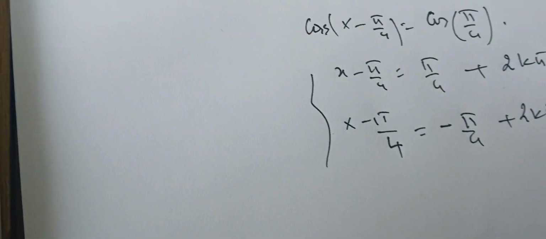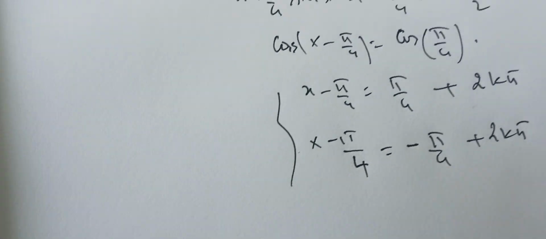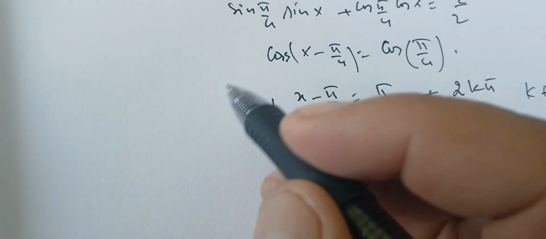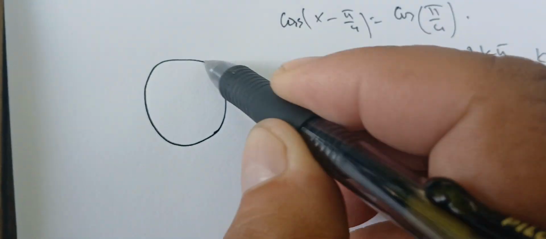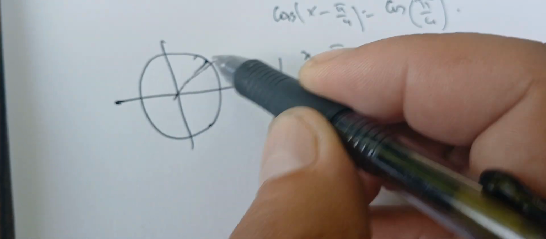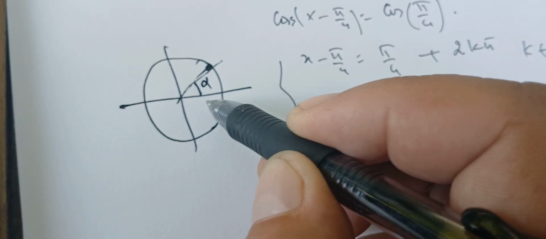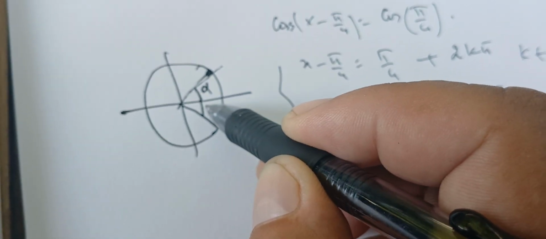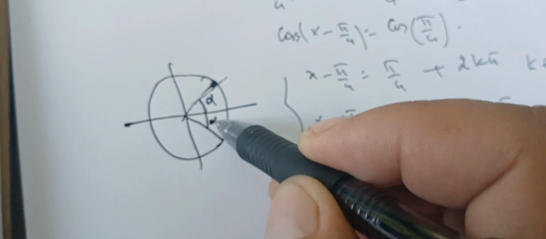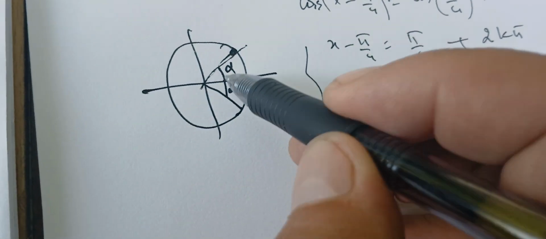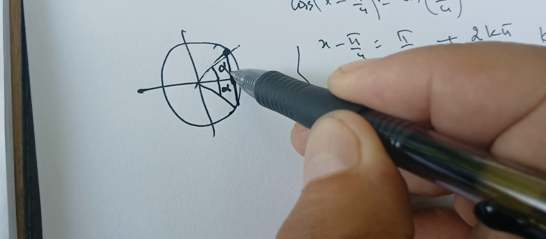I just wrote the general solution, so let me explain it here. This is my angle, and let's call it alpha. This angle, minus alpha, also has the same cosine, which is this value here.